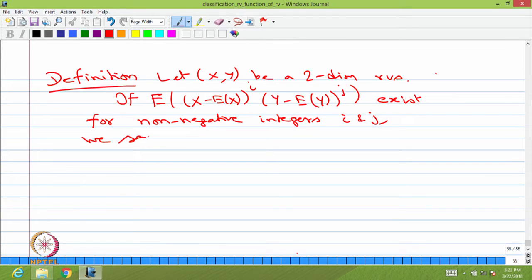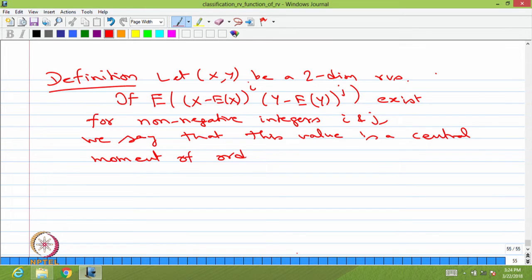we say that this value is a central moment of order i comma j for the random variable x comma y.